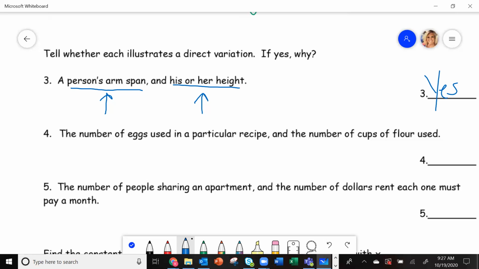Now, on the second one, the number of eggs used in a particular recipe and the cups of flour used.